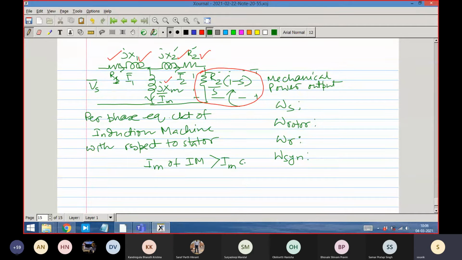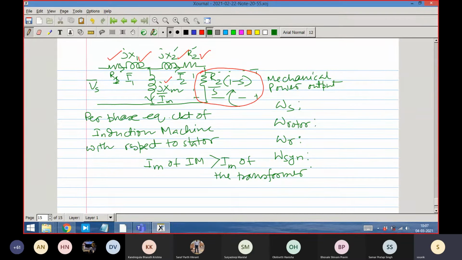And the reason is simple. In a transformer, there is no air gap, so very little current is required to develop the magnetic field, because the flux lines are always passing through the magnetic material, namely the iron.